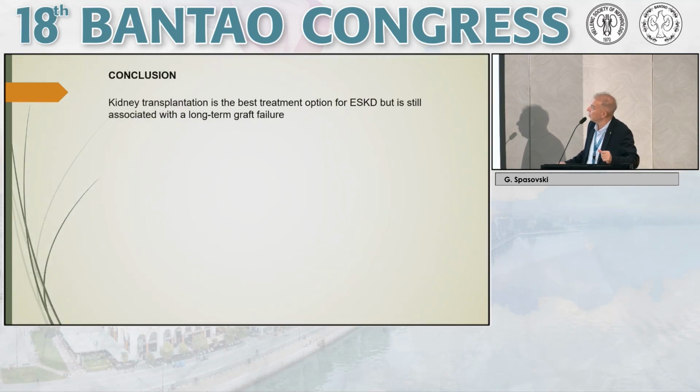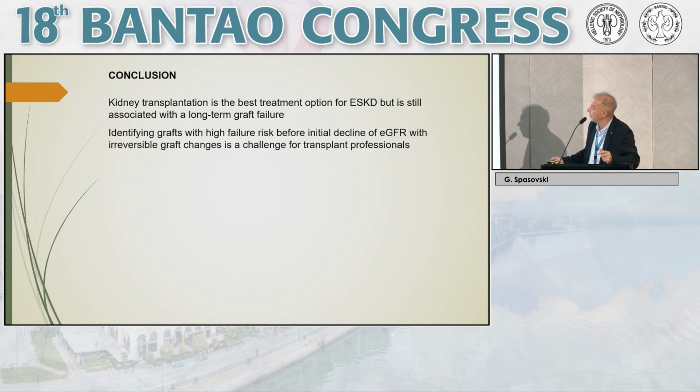And as a conclusion, besides that kidney transplantation is the best treatment option, we need to take care to preserve the graft function over time. And we need to identify grafts with high failure risk before the initial decline of eGFR.